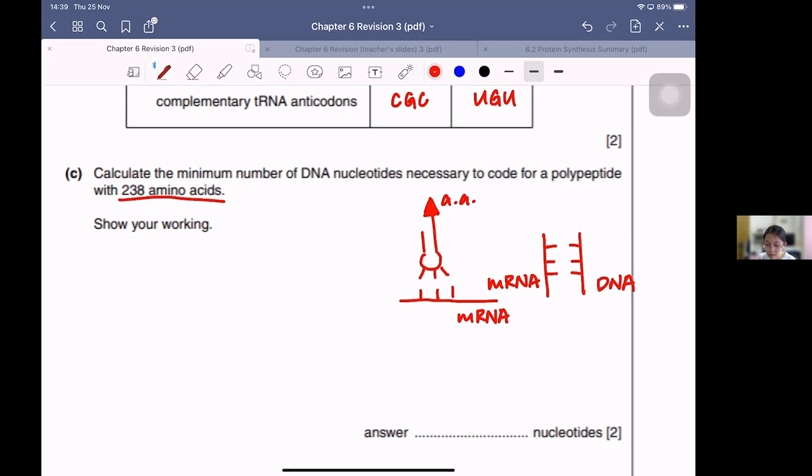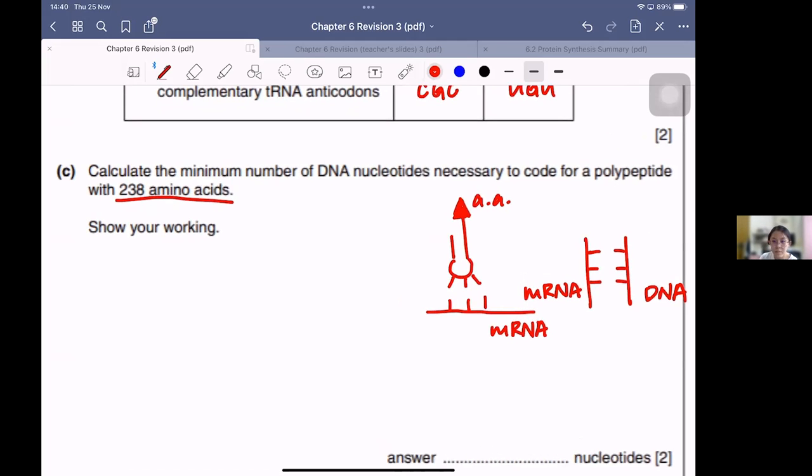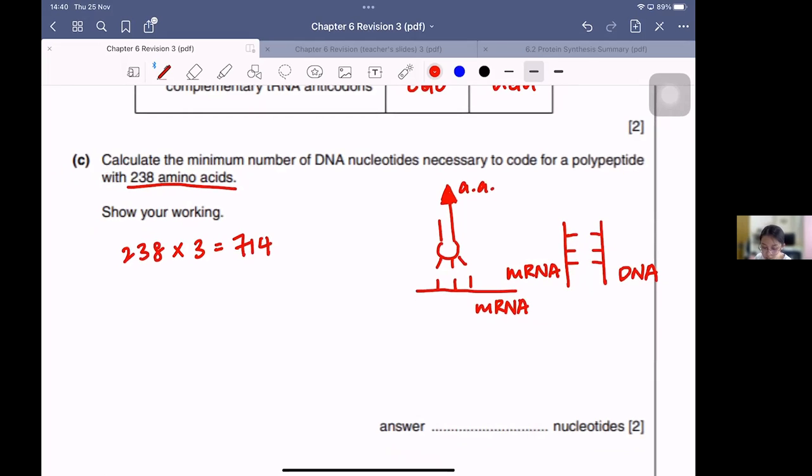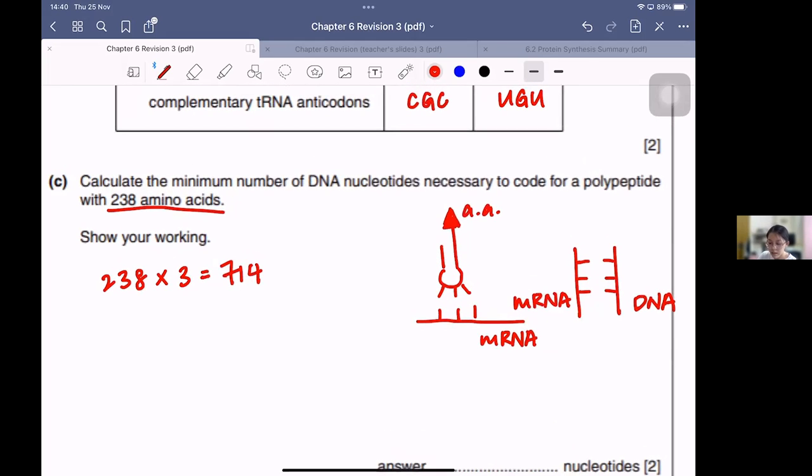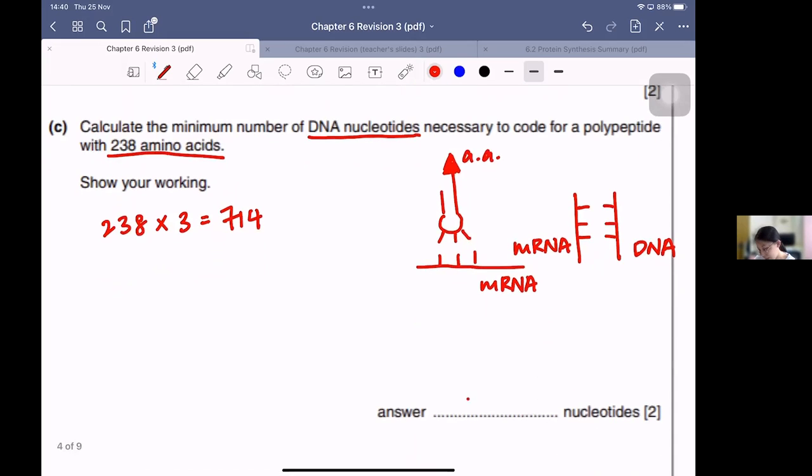The question stated that there are 238 amino acids, so we take 238 and times it by 3 to get 714. This is the answer because the question is asking us to calculate the number of DNA nucleotides. So the answer is 714.